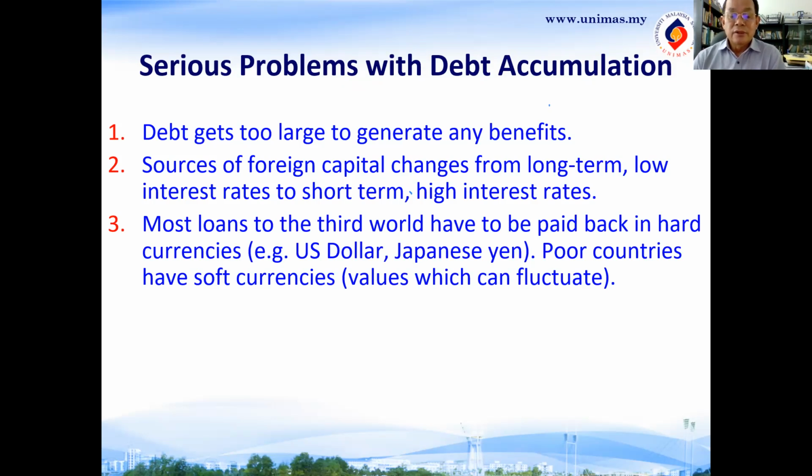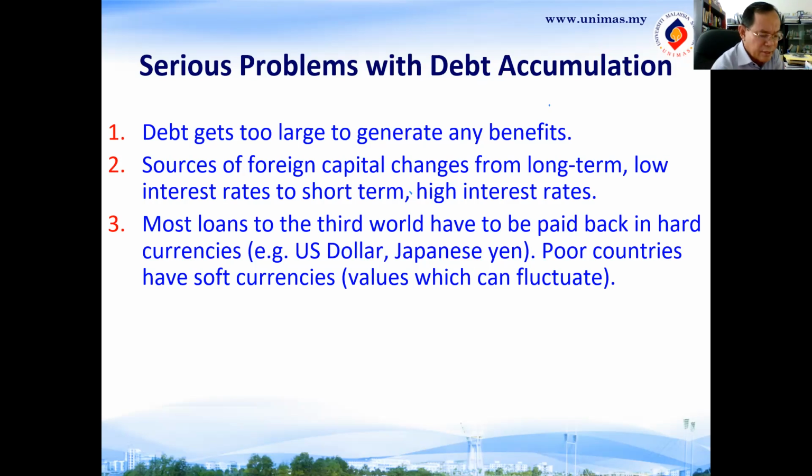So most loans to the third world have to be paid, seperti kita kata tadi, in the form of hard currencies. US dollar, Japanese yen, and so on. Yeah. So poor countries, on the other hand, have soft currencies. Soft currencies ini contohnya even Malaysian ringgit pun quite soft juga lah. Indonesian rupiah, yeah, very soft.